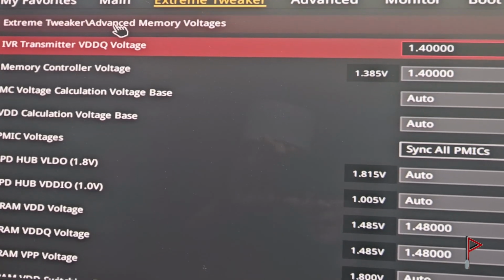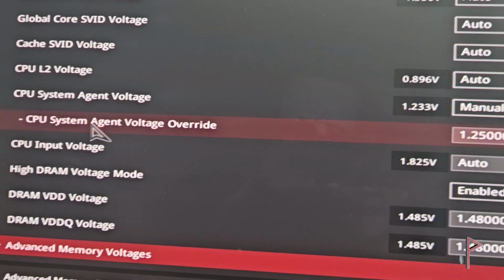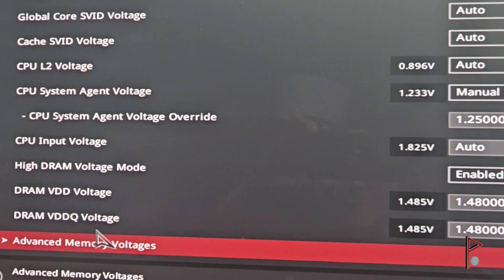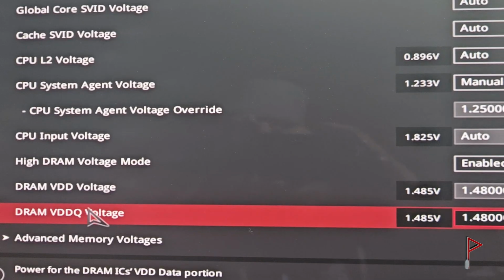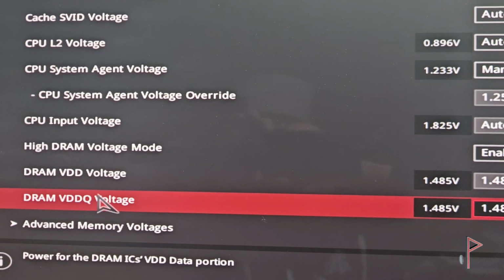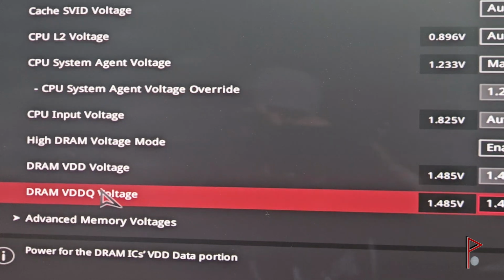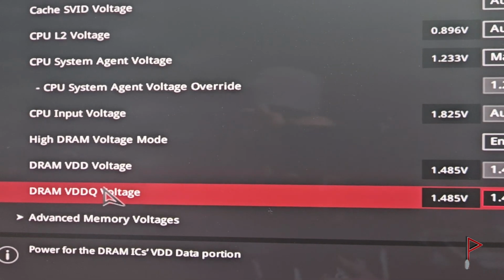This is the I/O communication on the data lines, communicating with the DRAM, essentially communicating with its counterpart. And the DRAM VDDQ voltage is the I/O specific to the DRAM chip that is communicating with the internal circuitry and with the memory controller.